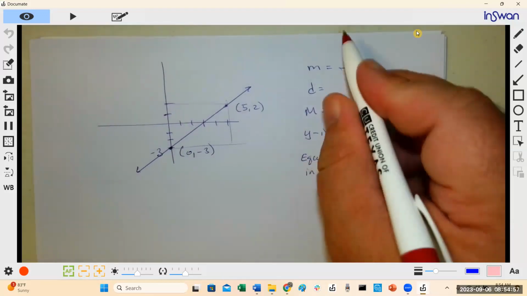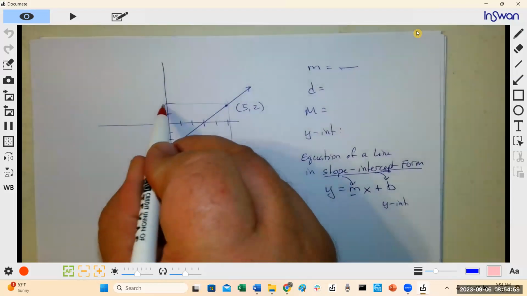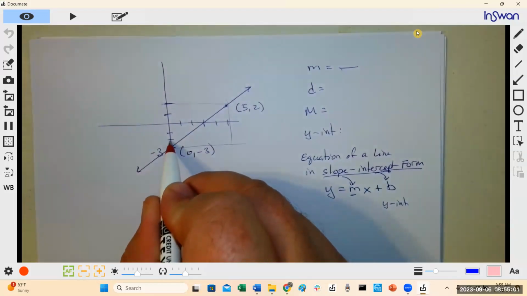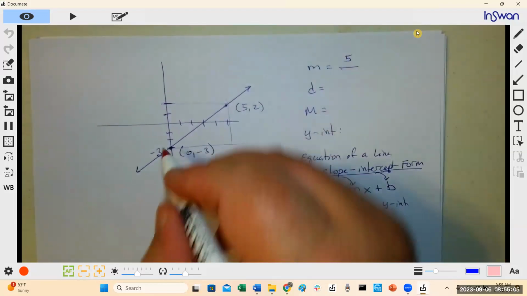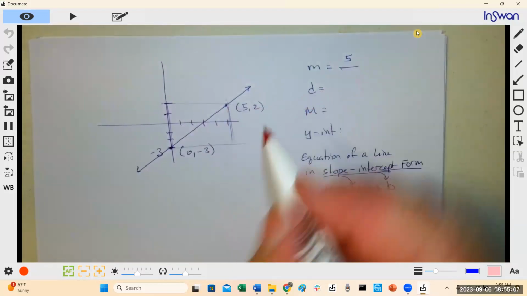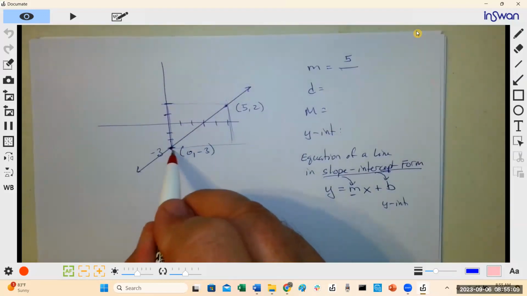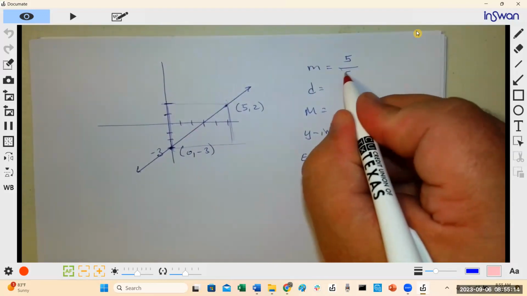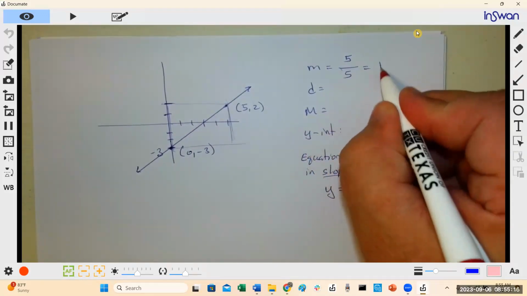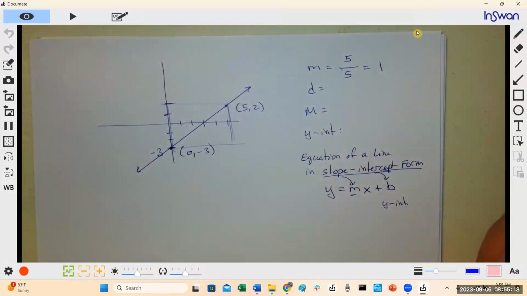So it's going up and down from here to here. How far is it up? 1, 2, 3, 4, 5. And then from here to here, how far is it running? 1, 2, 3, 4, 5. So the slope is 1.